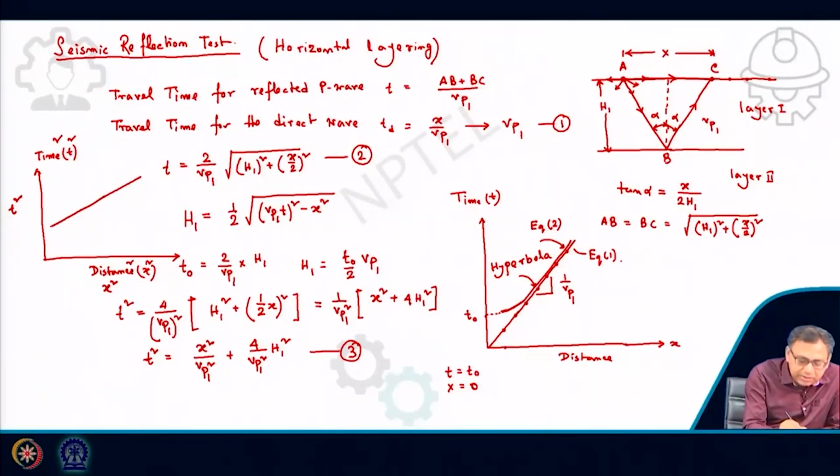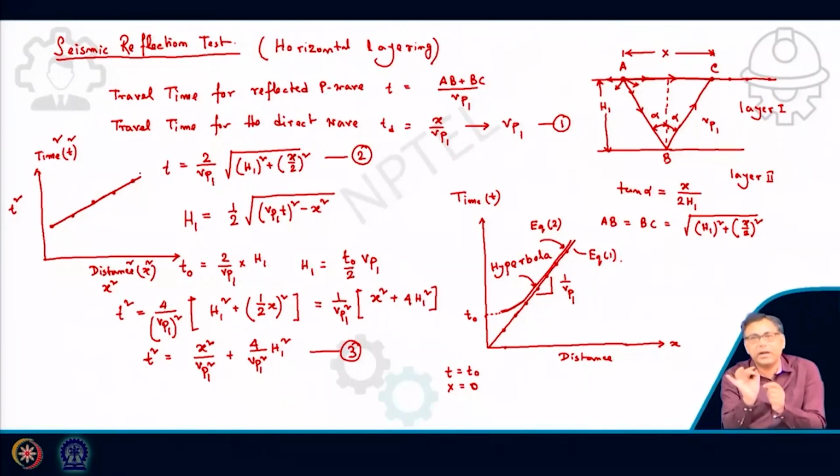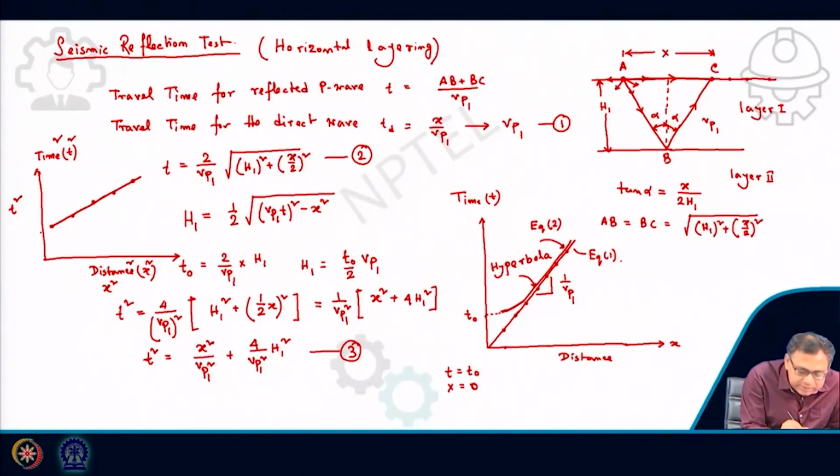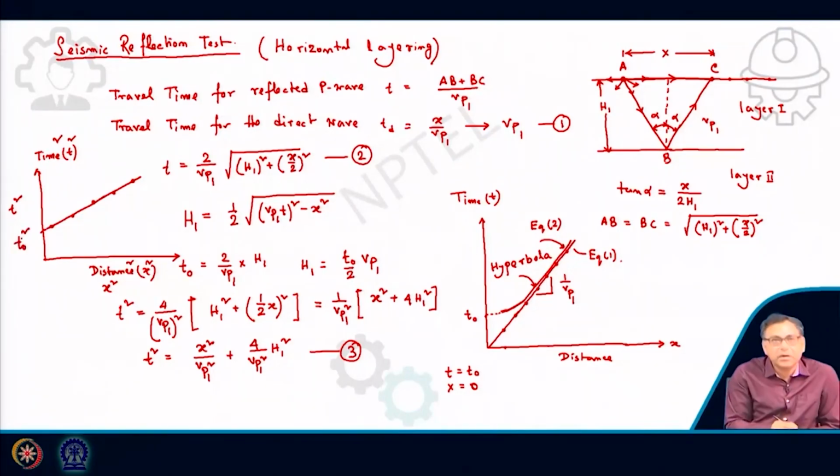Similarly, again this will be our first point. Here also first point, second point, third point, fourth, fifth, and like this. I will get n number of points, and now I know this is a straight line, so I will join them and get a straight line. And now if I extend this straight line, I will get T0 square. Now by using a single plot, what will the slope give me? Slope will give me 1 by Vp1 square.